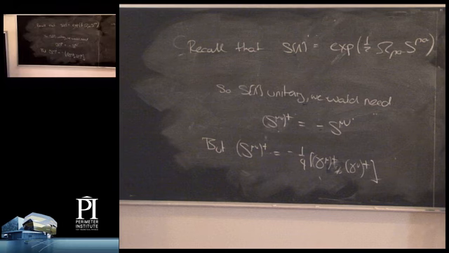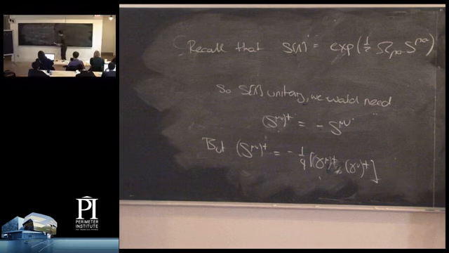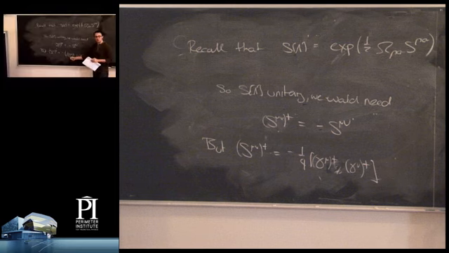But just working backwards, S is defined in terms of the commutators of the gamma matrices. So this is the Hermitian conjugate of the generators. And if we wanted this to be true, we've got a minus sign here already, so we'd either need all the gammas to be Hermitian or all the gammas to be anti-Hermitian.